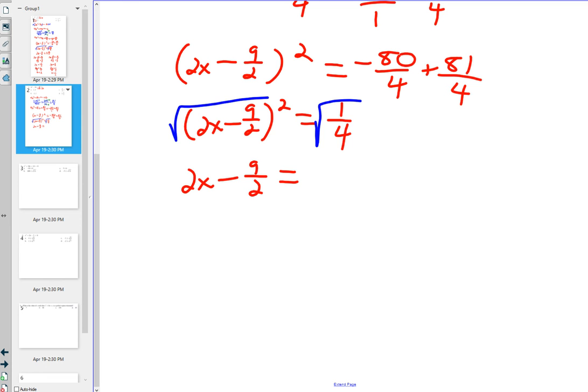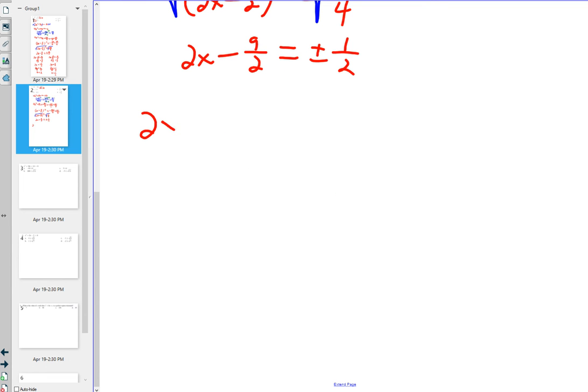It's just plus or minus 1 over 2. 1 times 1 is 1, 2 times 2 is 4. Plus or minus 1/2. Since there's no more radical, that means I can split this. So equals 1/2. 2x minus 9 over 2 is equal to negative 1/2.